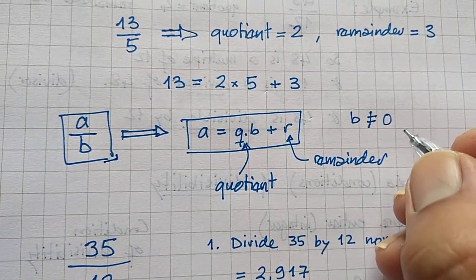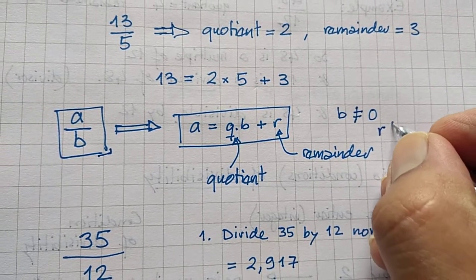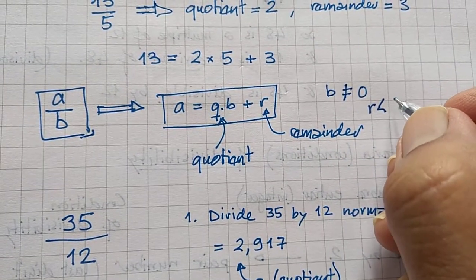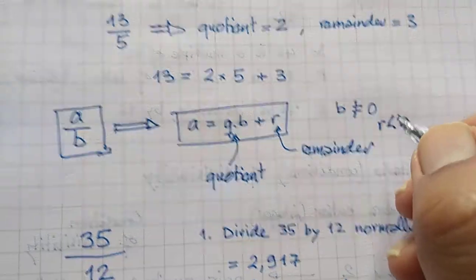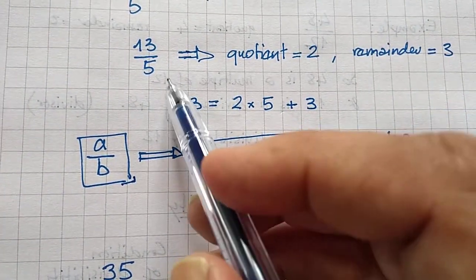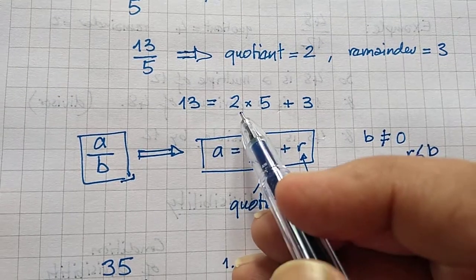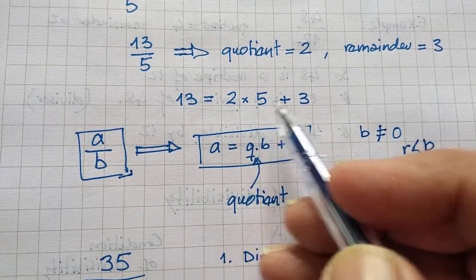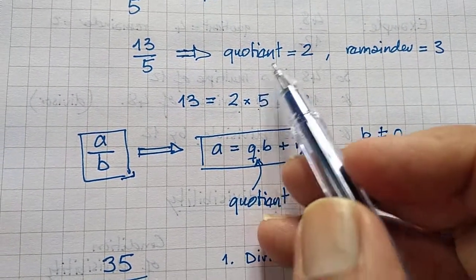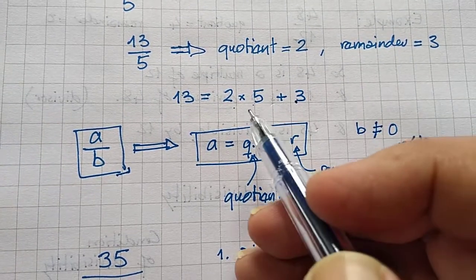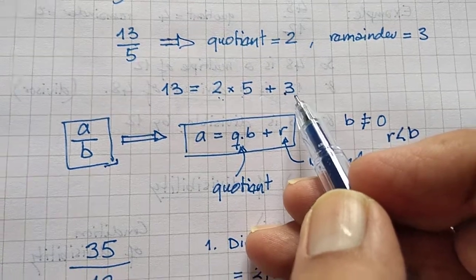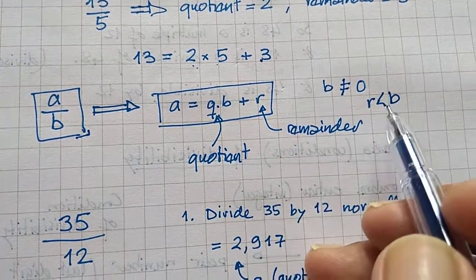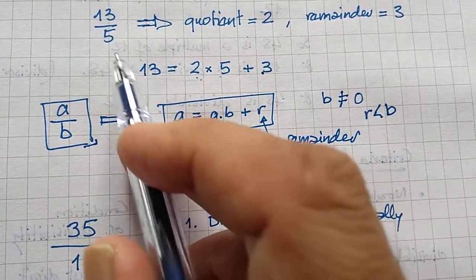And R has to be less than B. So if you took 13 over 5, you could also write it as 1 into 5 plus 8. But that is not the correct Euclidean division, because the quotient in that case would be 1 and the remainder would be 8. But the remainder always has to be less than this.